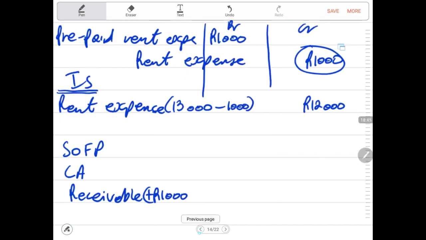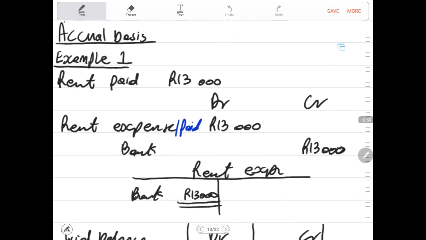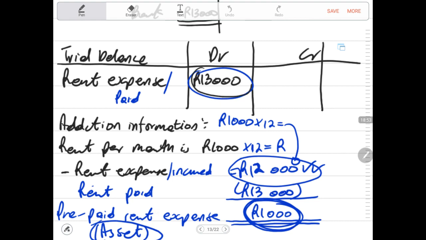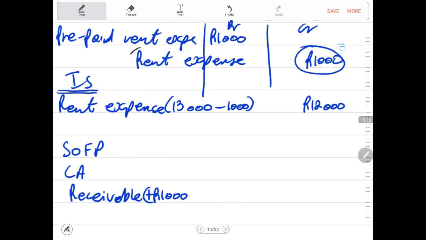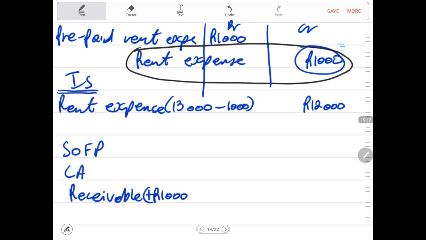Similarly with the previous one, the intention was to decrease the 13,000 because it was more in the previous question, so that it becomes the 12,000 which was supposed to be recorded in the income statement. Hence we had to say minus 1,000, and in order for us to say minus 1,000, we needed to credit the rent expense because rent expense decreases on the credit side. That is why rent expense was credited.